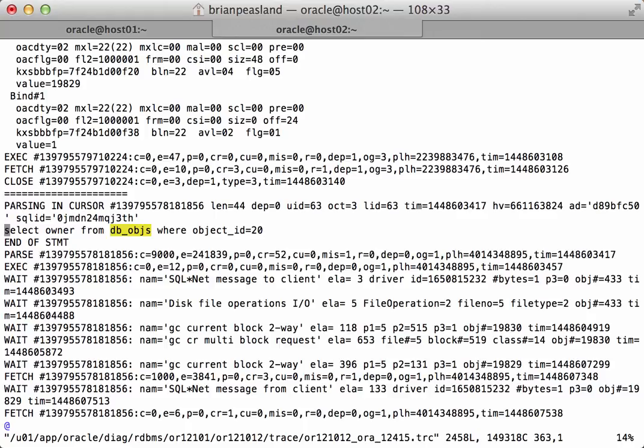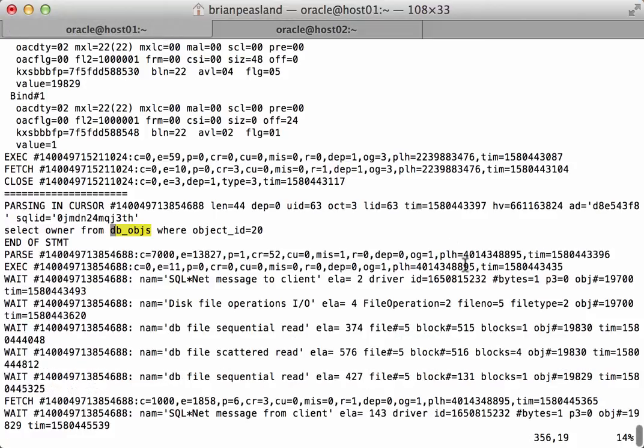Now, the astute person may have noticed that there's a slight difference here. If we go back to host 01, notice that the first read event of interest here is block 515, file 5, just like the first global cache transfer. But notice that the second one is block 516 of file 5, but 4 blocks were read.